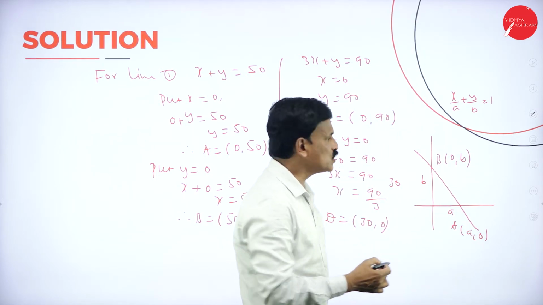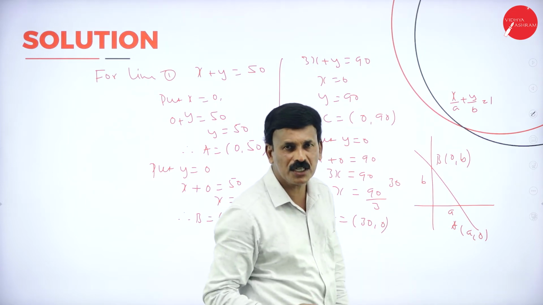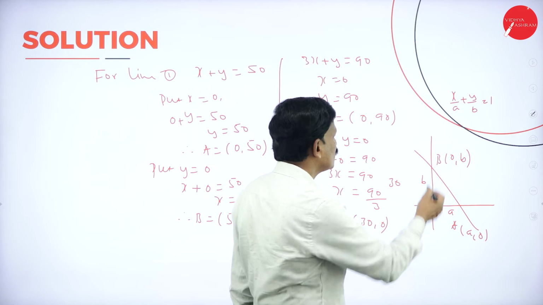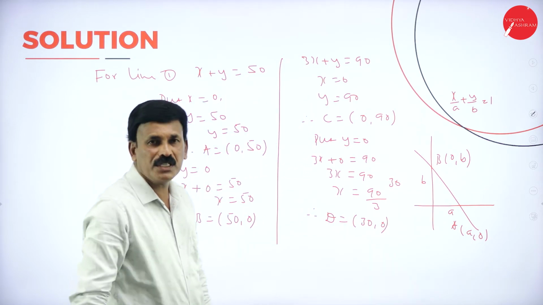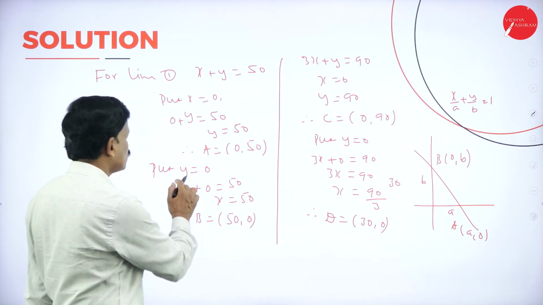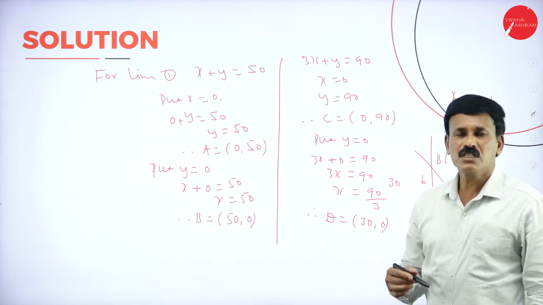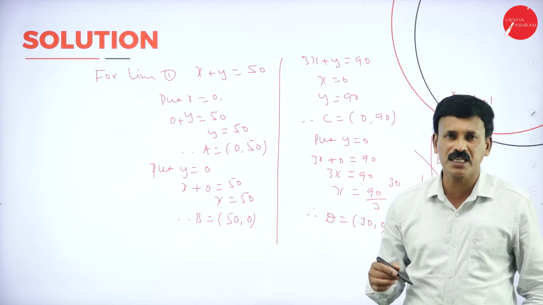So, if you put x is equal to 0, you will get the y coordinate. If you put y is equal to 0, you will get the x coordinate. Therefore, for getting the points a and b, we are going to put x is equal to 0 and y is equal to 0 for the given equation. So, now let us plot all these points on a graph sheet.